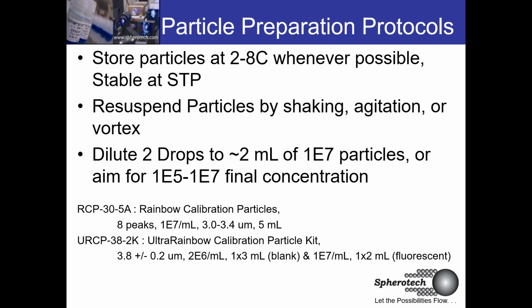You're going to dilute just a drop or two, up to about 2 mLs. If every drop is about 25 microliters, is that about right? You want to do at least a one to two order of magnitude dilution. They start off at about 1e7, and anywhere between 1e5 and 1e7 is a good final concentration.